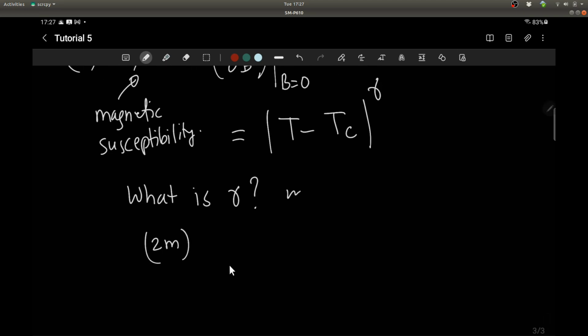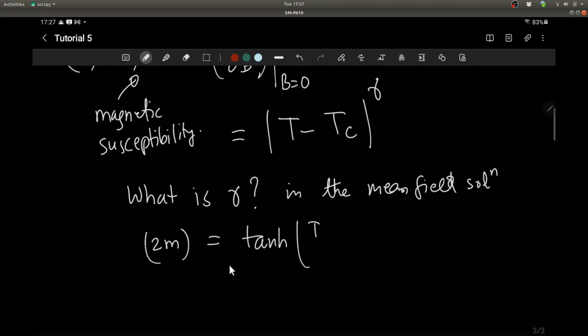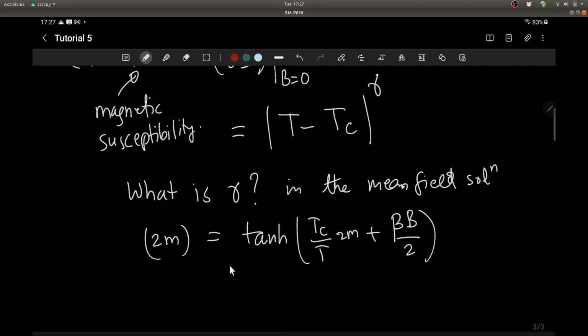In the mean field, 2m is equal to tanh(Tc/T times (2m + beta B/2)). Okay, so we just go ahead and take derivatives of this.